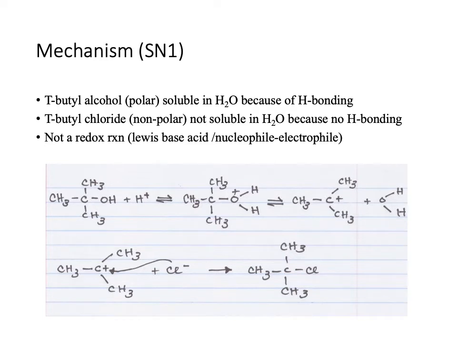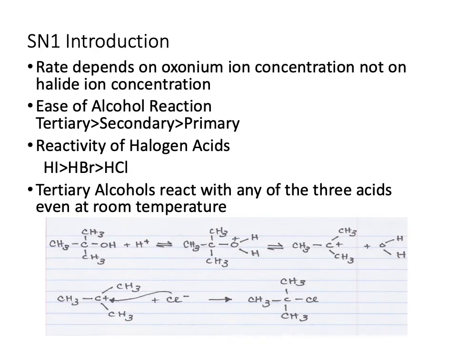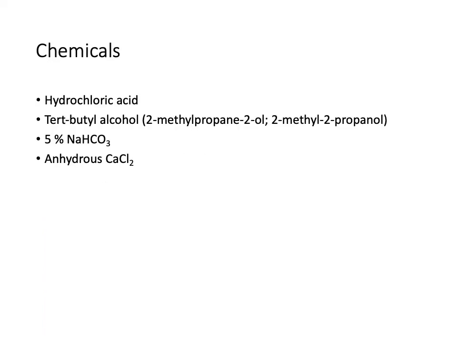So you have the first oxonium formation, then the separation of the water, and after that the attack from chloride to the carbon cation. Again, you see the mechanism and some explanations, which is good to read.